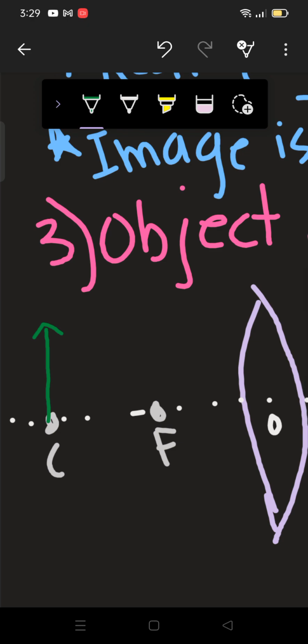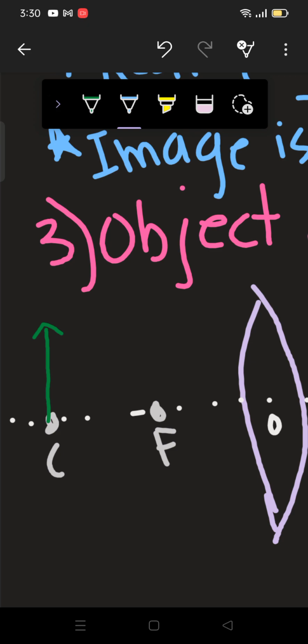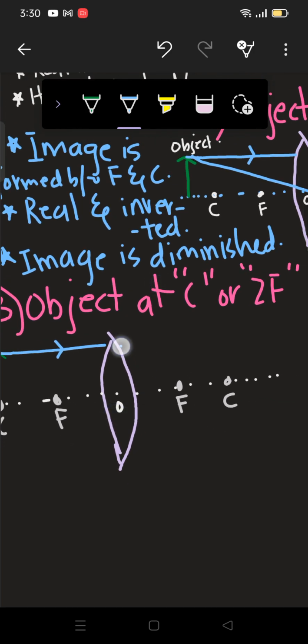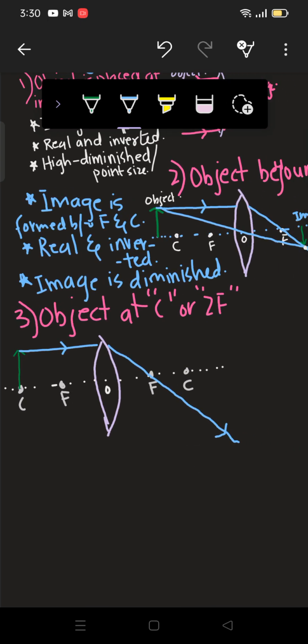We are going to apply our first rule first. When the incident ray is going parallel to the principal axis, it will always pass through the focal point. And the second rule: when the ray passes through the optical center, it will always continue along the same path.